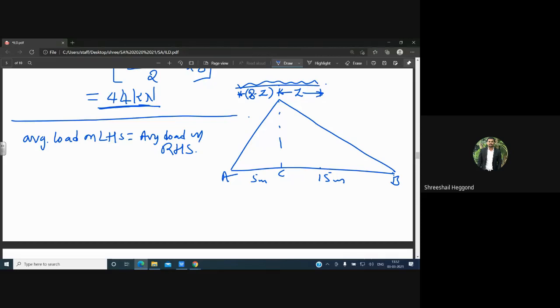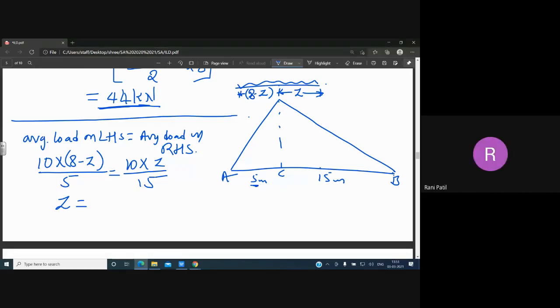That can be done as the applied load of 10 kilonewton into 8 minus Z divided by span of 5 meter is equal to 10 into Z divided by total span of 15. You can calculate the Z value over here. Z is 6 meter.